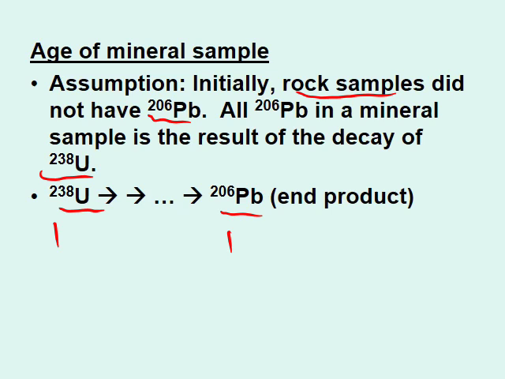Keep in mind, when rock samples were formed, they were 100% uranium-238. So in the present day rock sample, if you analyze, you get some lead and some uranium. The lead that you get is considered to be coming from uranium-238. And on that basis, we are going to calculate the age of the mineral sample.